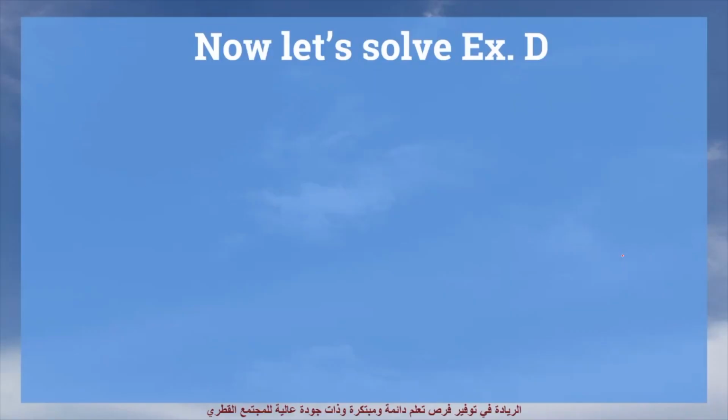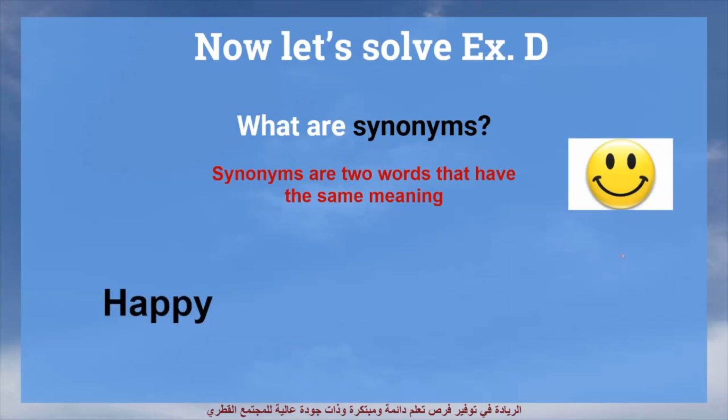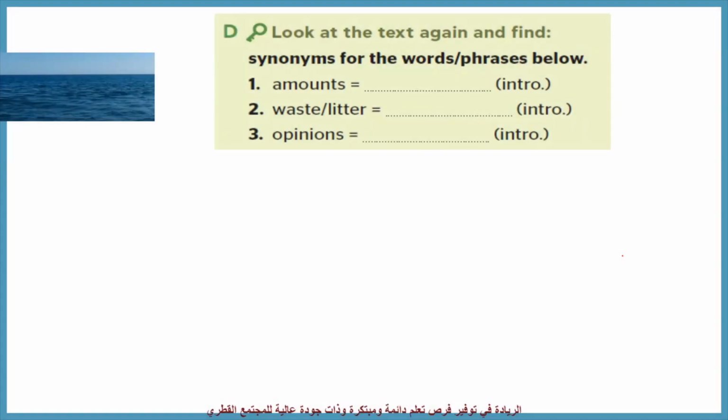In exercise D, we will be looking at some synonyms and antonyms of some words in the passage. First, what are synonyms? Synonyms are two words that have the same meaning. For example, happy and glad. Both of them have the same meaning. Let's take a look at the synonyms in the introduction part of the passage.